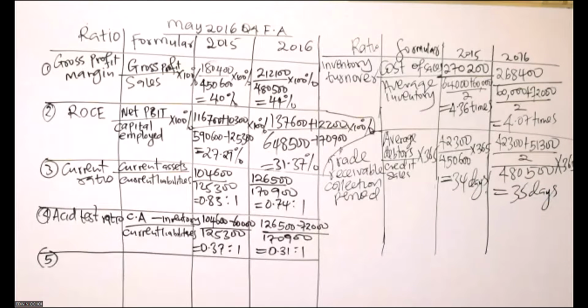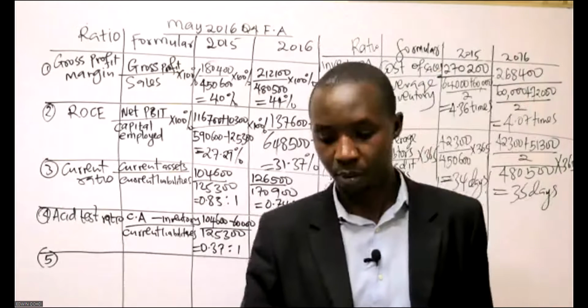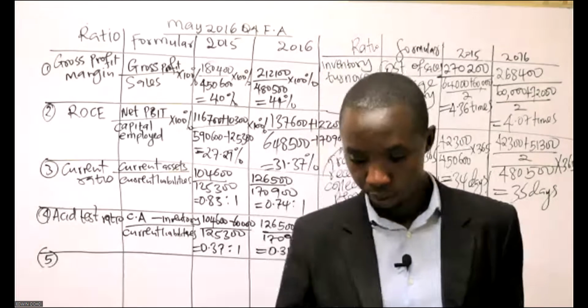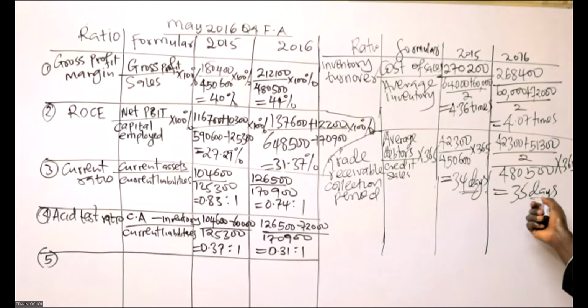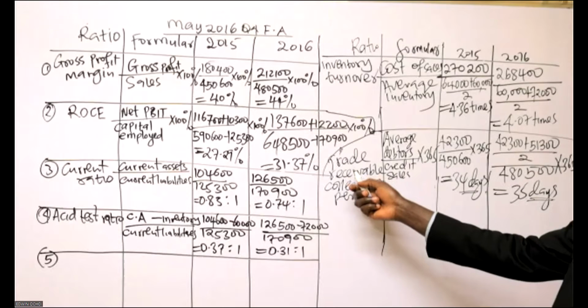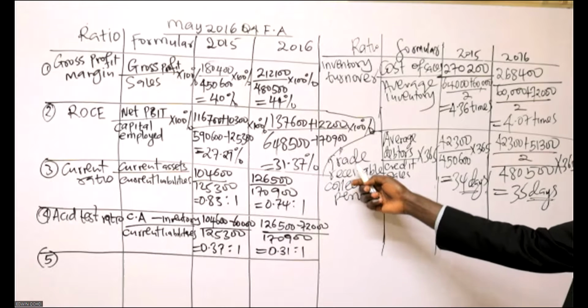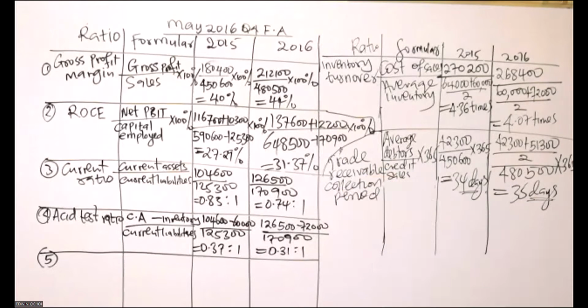What does this one mean? When I say days, remember it's trade receivable collection. The number of days it takes to collect debt from debtors, to receive money from debtors.